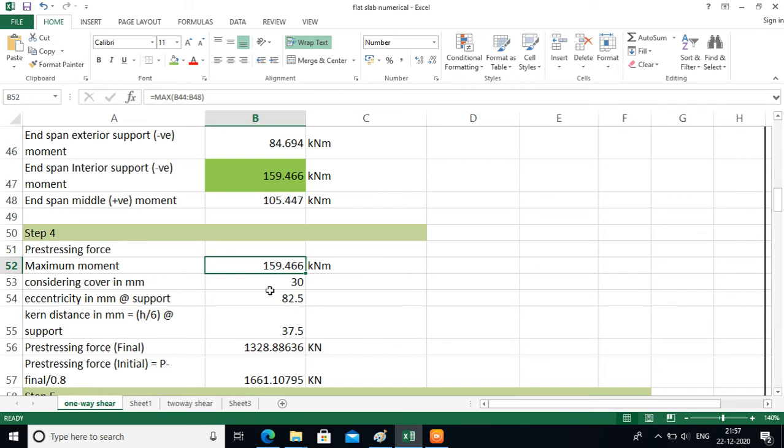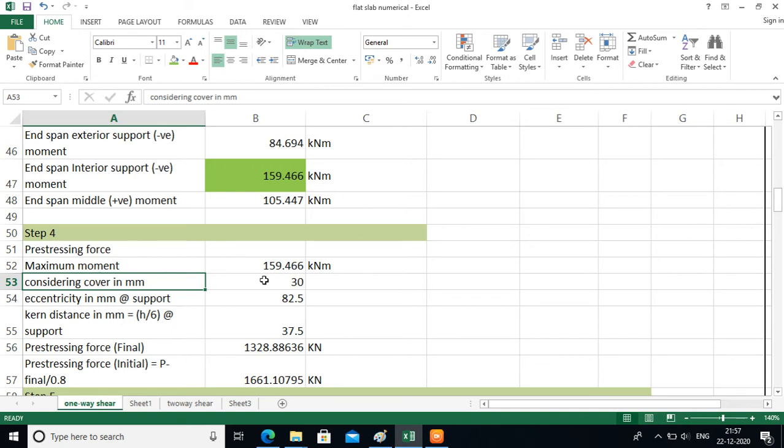To get that lever arm distance, first of all we are going to consider the cover for the particular slab. When we use the optimum, maximum value of the lever arm, we will get the minimum value of prestressing force.